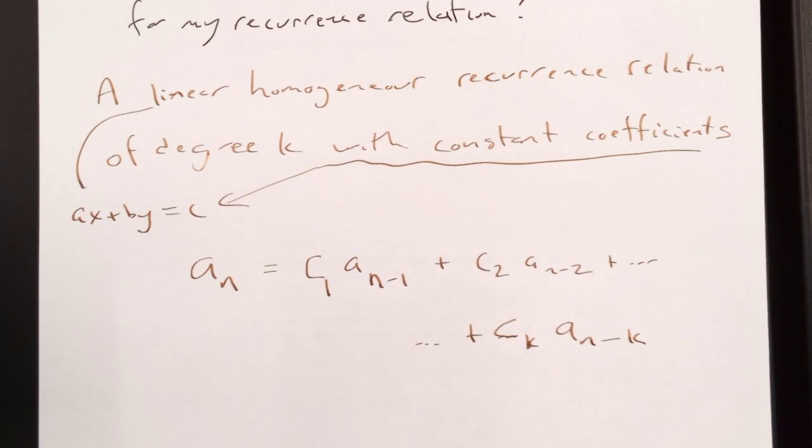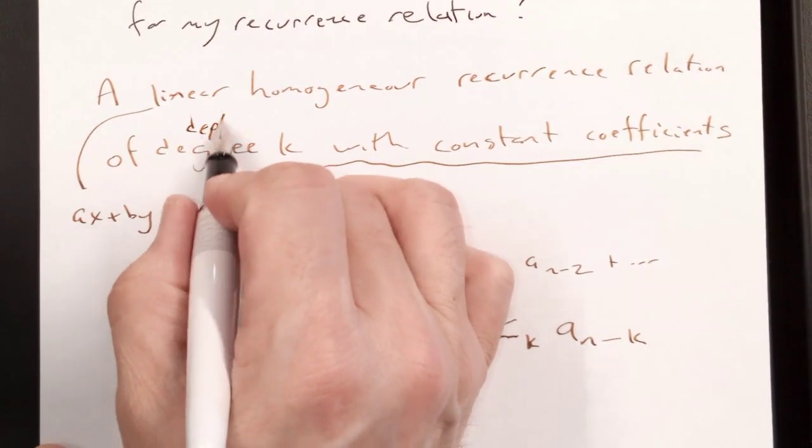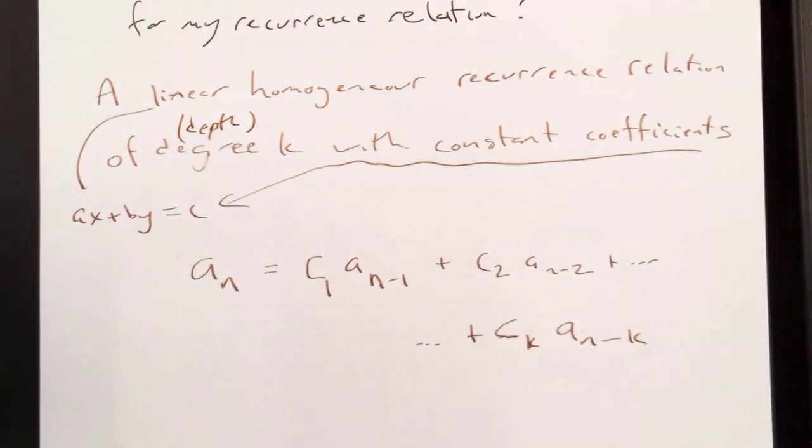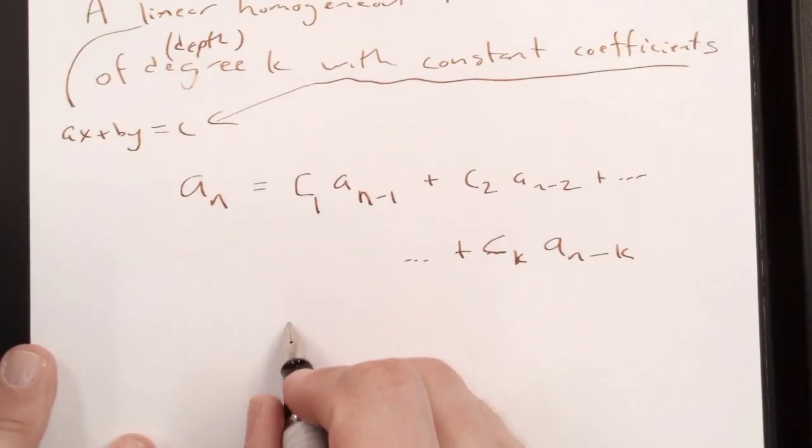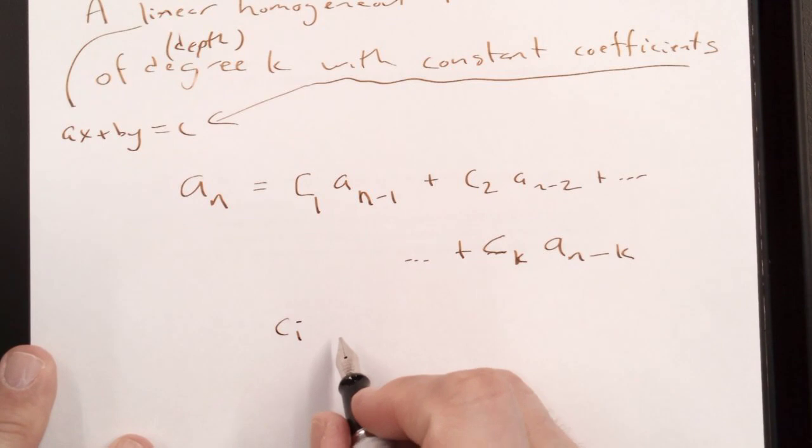Hey, wait a minute, I see a k here. We called this something on Friday. We didn't call it degree. Called it something else. Depth. So I think of my degree here as the depth idea. This goes back k terms. So the degree here is the same as our depth idea. Constant coefficients means that all of these c_i are real numbers.